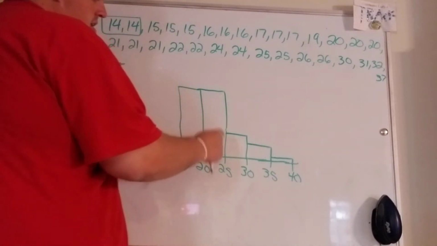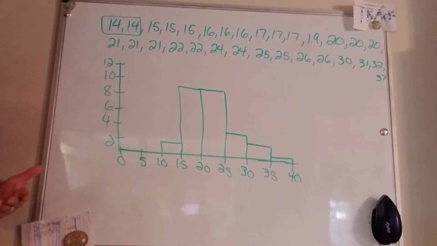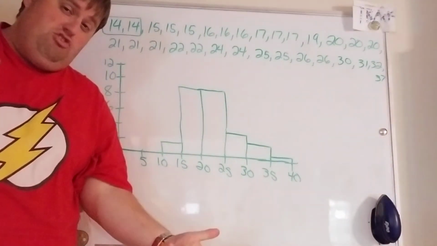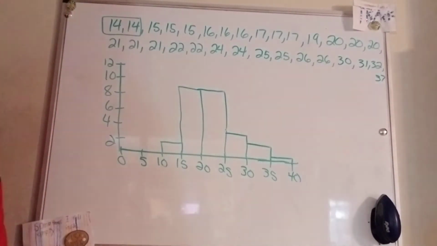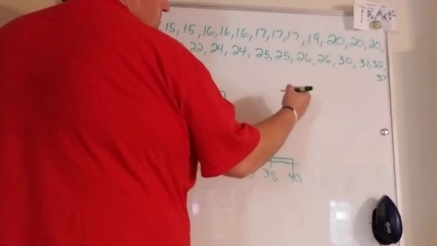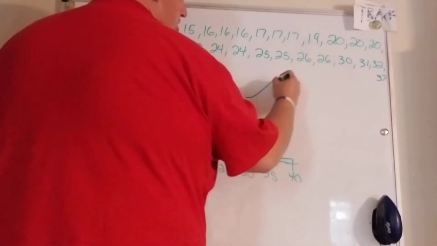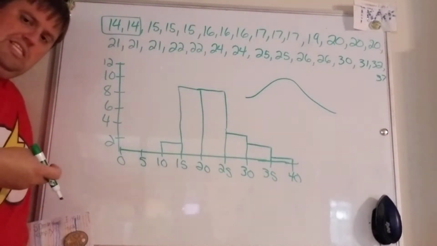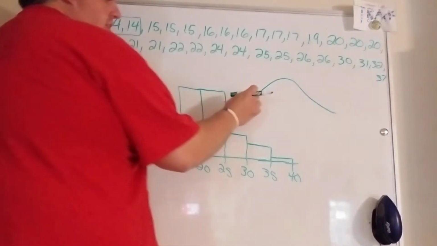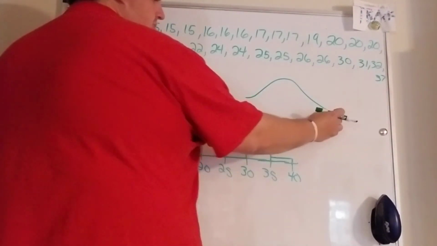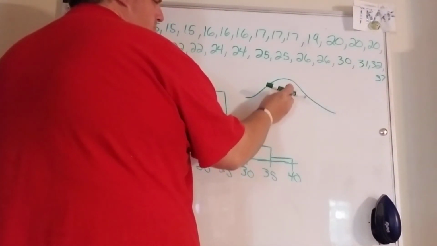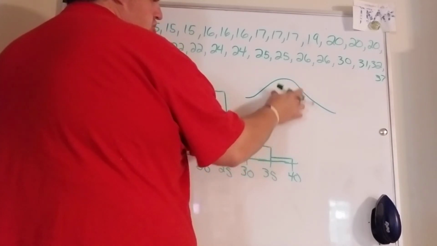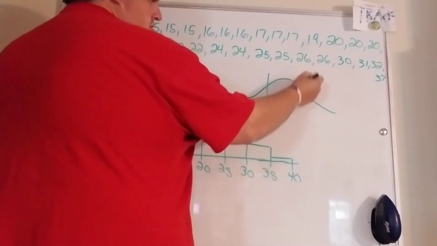And then some things about histograms. They tell us a little bit about distributions. So a normal distribution is going to look like a bell curve. I don't know if you guys are familiar with the bell curve, but a bell curve is where there's a little bit of data on the ends, and the big majority of your data is in the middle two-thirds section, right?